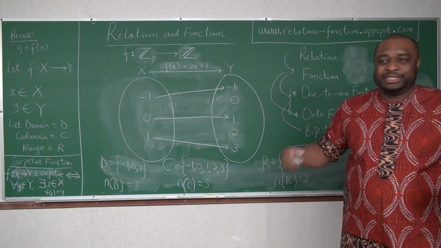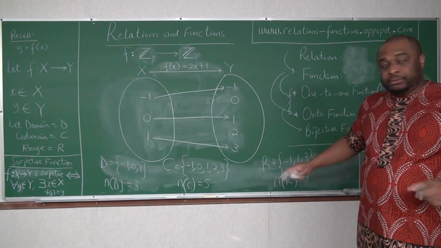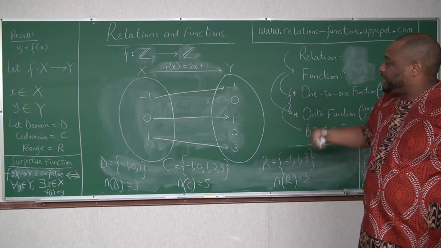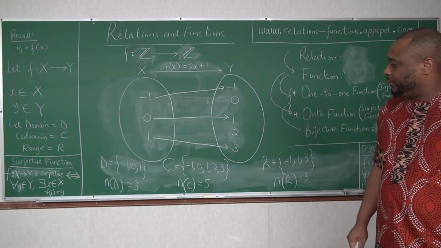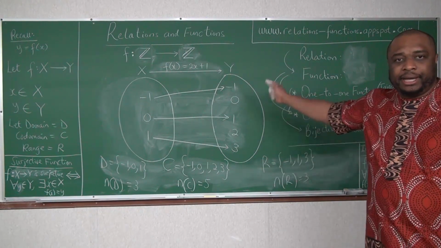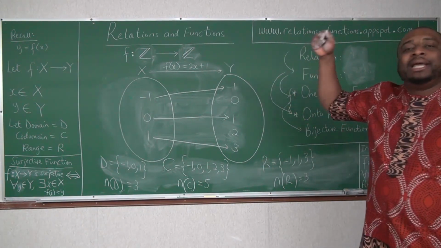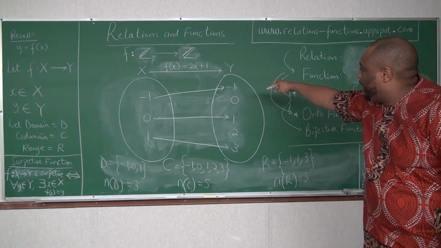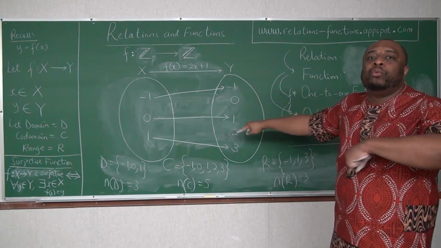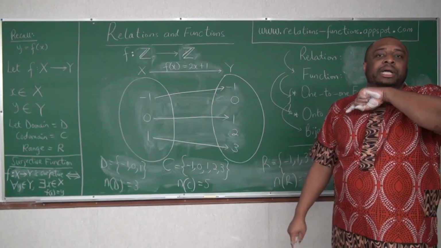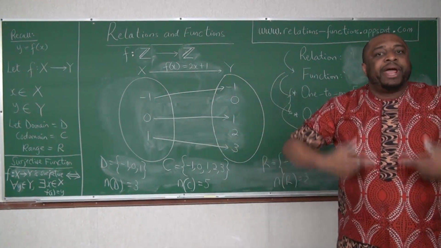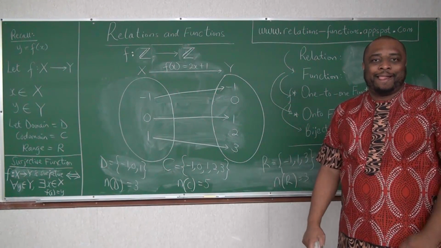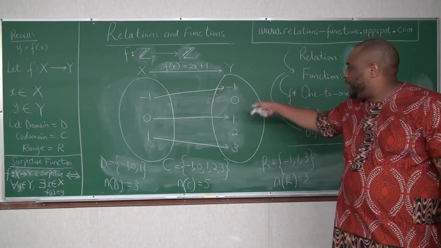That is the range. It's a set. Does it make sense? So codomain is everything here, but the range is actually the elements of the codomain which are images of the elements of the domain. So codomain includes range.